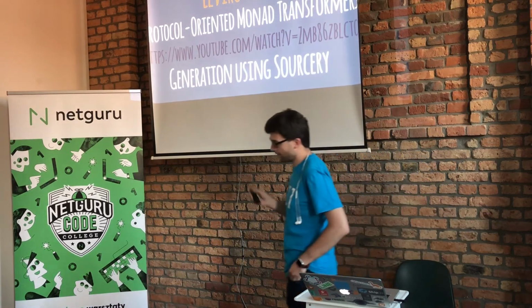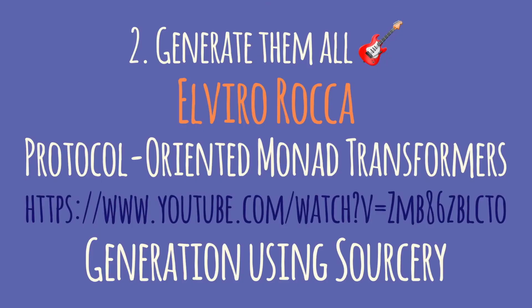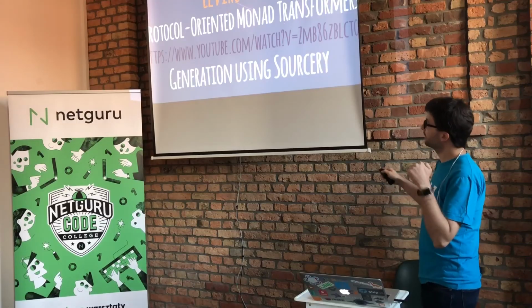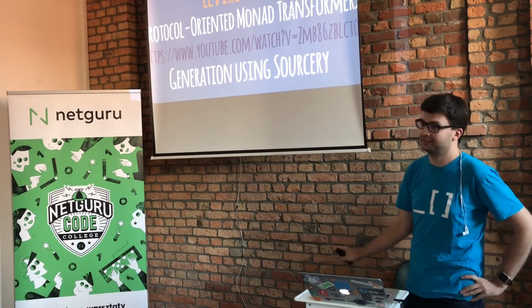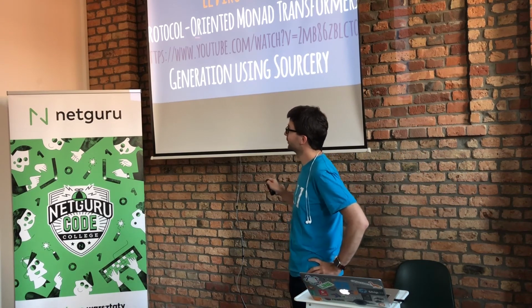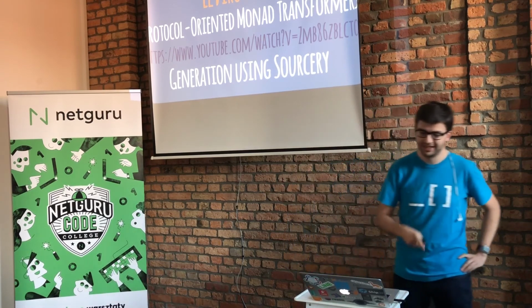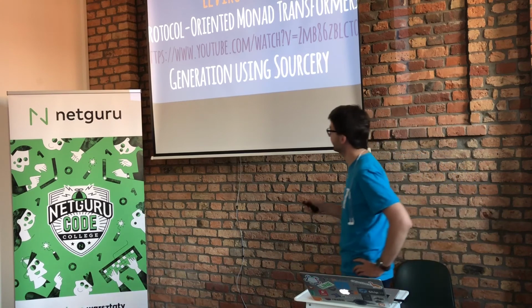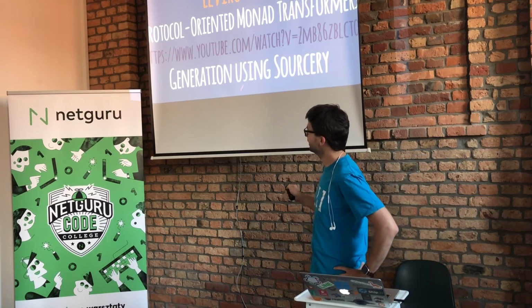Another approach is to generate them. This is the opposite approach. Instead of sticking to what you have, generate every combination. How many layers deep? Elviro Rocca is a great functional programmer, he had this talk called Protocol-Oriented Monad Transformers last year at Functional Swift in Berlin. And he was using Sourcery to do the generation.